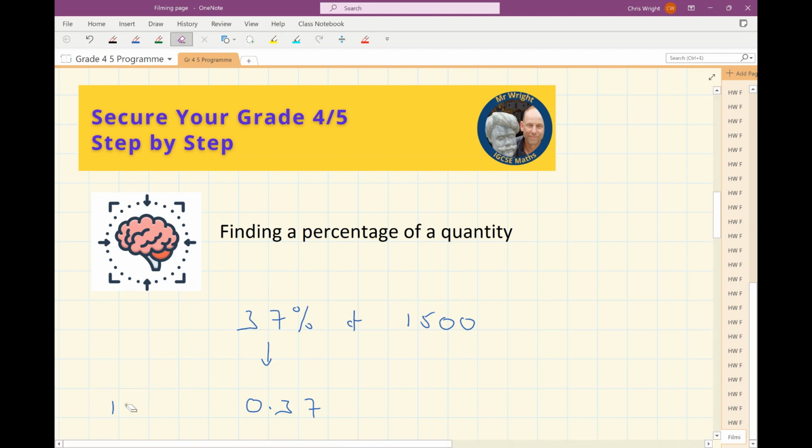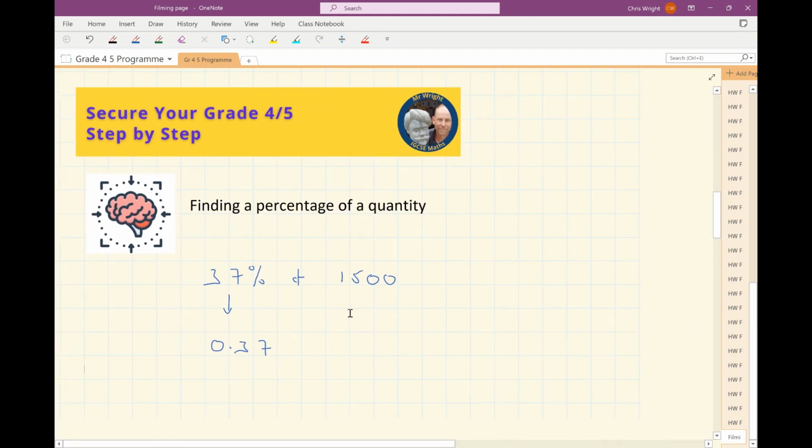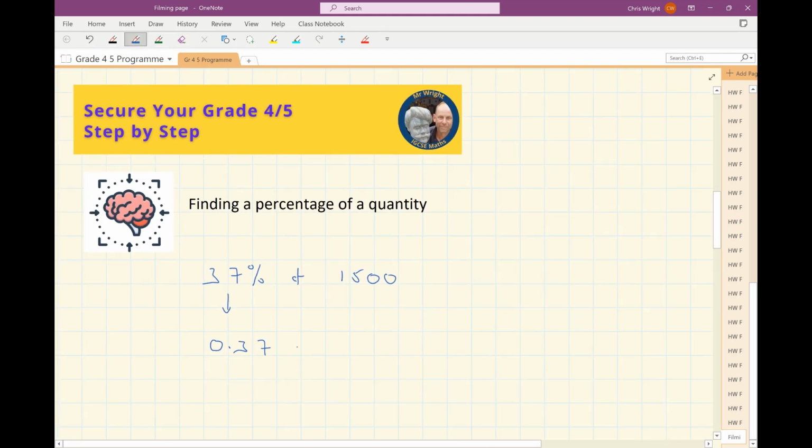So 37% is 0.37, and then we are simply going to remember that of means times, and instead of 37% of 15,000, we're going to do 0.37 multiplied by 15,000 and get our answer.